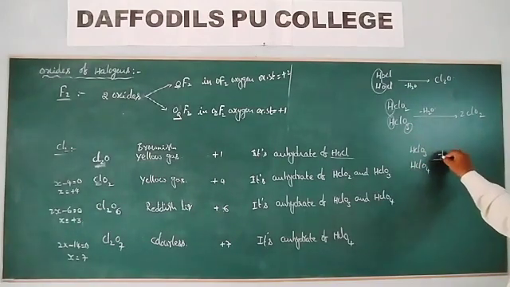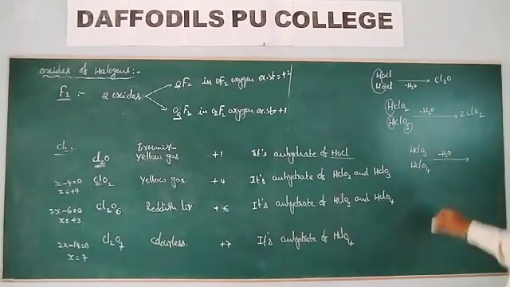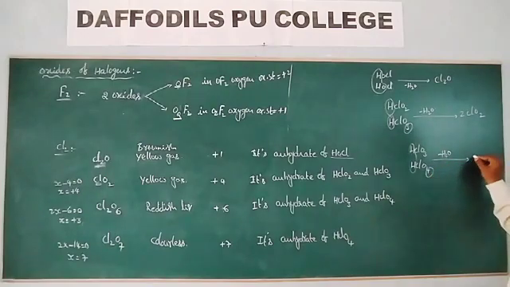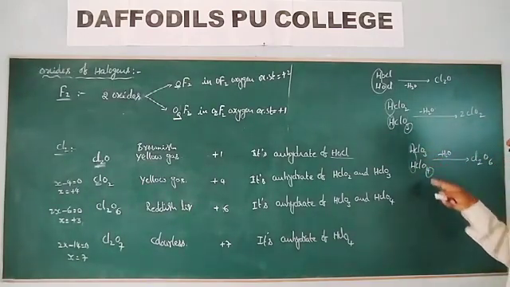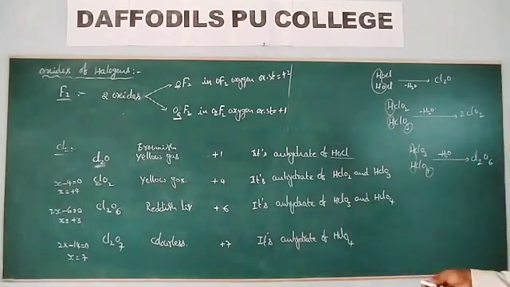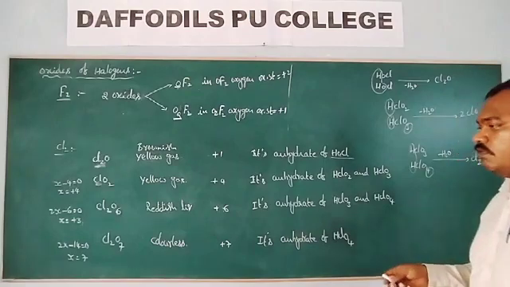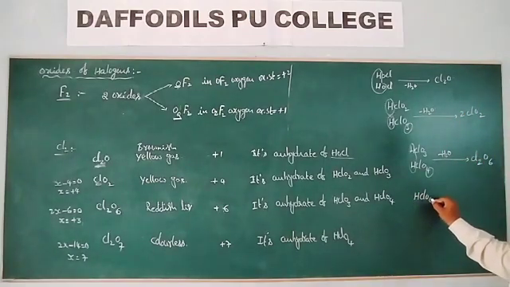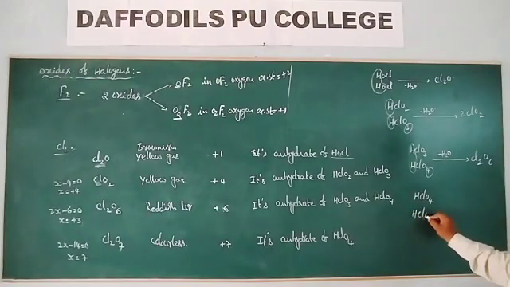So remove water from these things, H2O, Cl2O6. So it is the anhydride of HClO3 and HClO4. Now HClO4, take 2 molecules of HClO4.